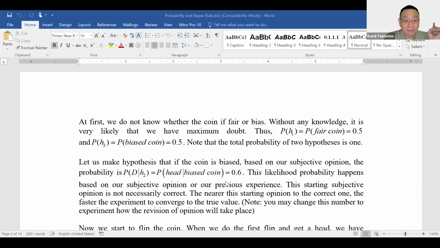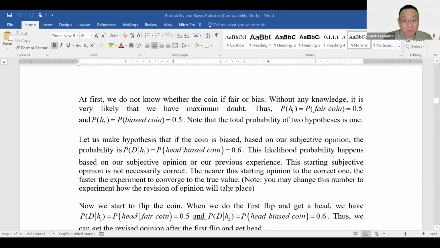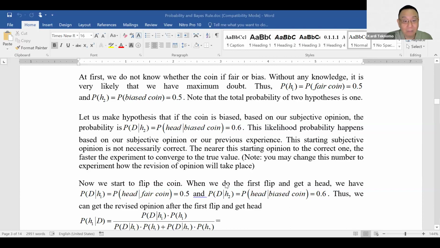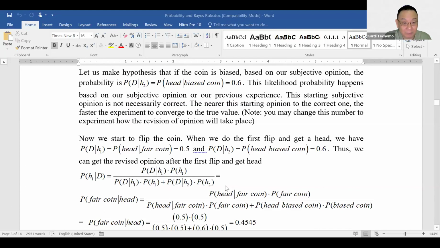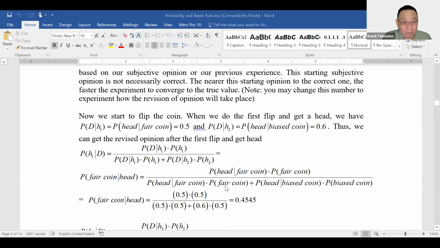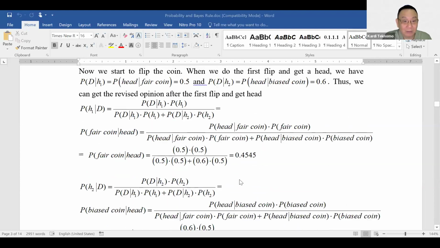And then what happens if you keep flipping and you actually always get the head instead of tail with that coin? Then you can start to revise your opinion based on the flipping of the coins. So the first time you can revise the opinion based on this Bayes theorem.